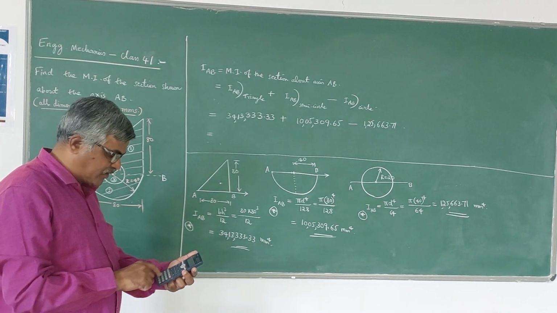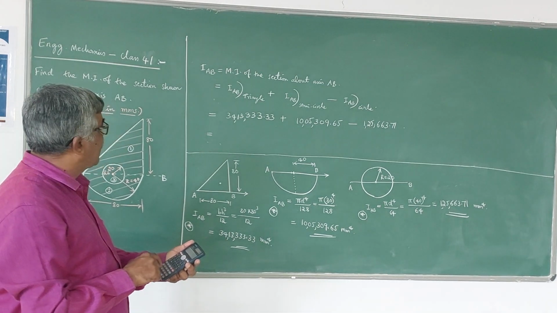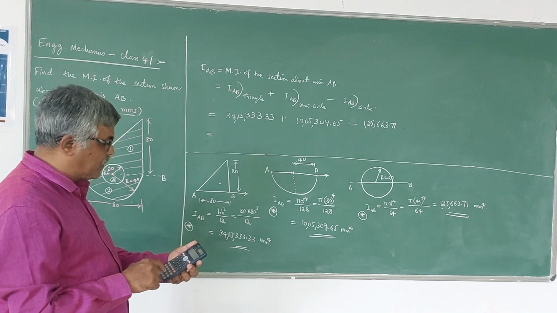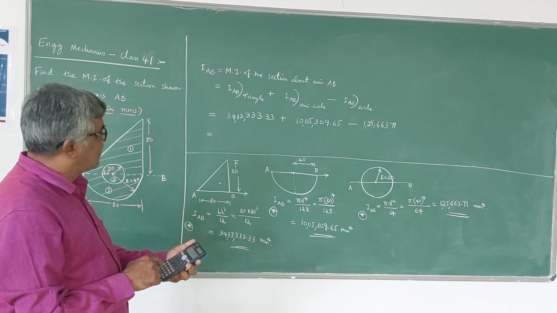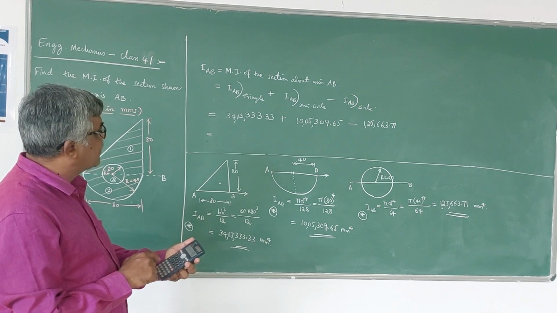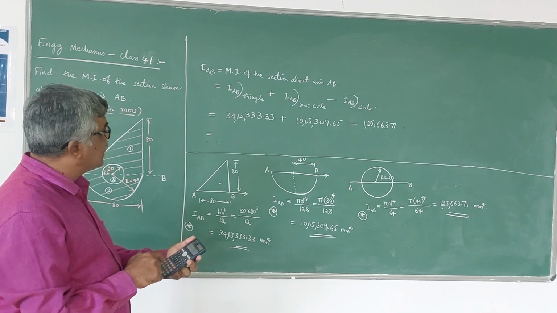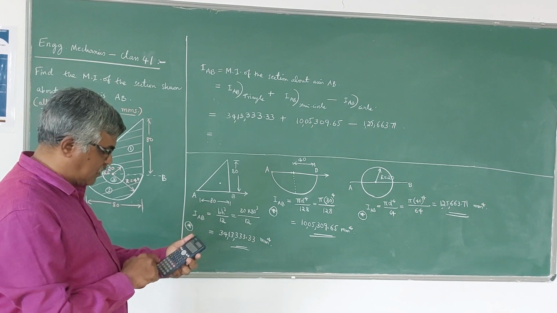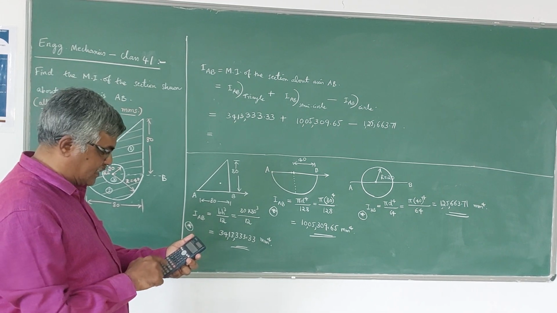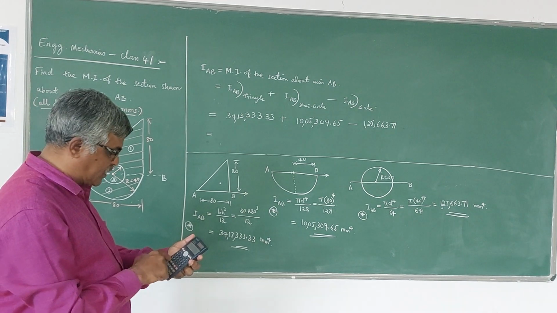Now let us simplify this. 3413.33 plus 1005309.65 minus 125663.71.